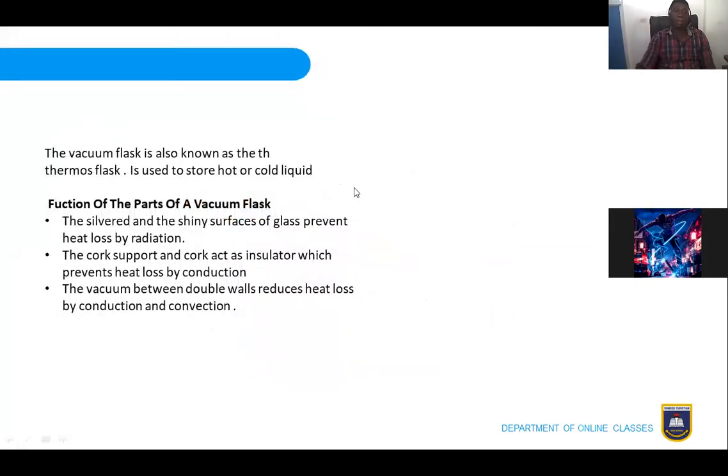So the vacuum flask is also known as the thermos flask, as we all know. If you hear thermo, that means something dealing with temperature, like a thermometer. It's used to maintain the temperature of any liquid being poured inside. Since temperature is involved, you can name it a thermos flask.